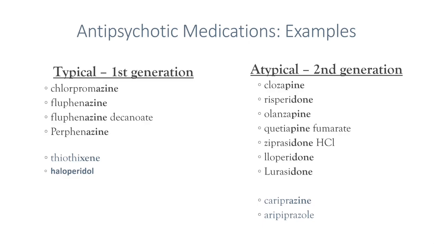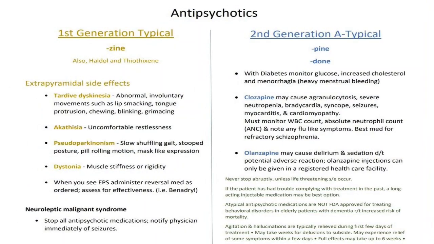And you can see that on the list here with very few exceptions down at the bottom. I did put those in a different color so you could see that. 97% of the time you're going to be able to identify these medications by the last few letters of their names. So the typical first generation antipsychotics have these side effects, okay?